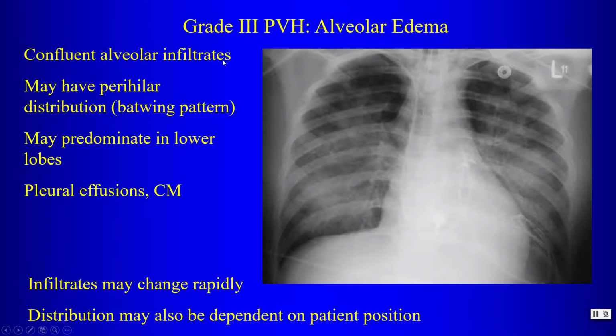With grade 3 pulmonary venous hypertension, now we get alveolar edema as the fluid spills out into the alveolar spaces. And we may see a perihilar distribution or a batwing pattern of consolidations. It may predominate in the lower lungs. You may have other clues directing you towards pulmonary edema, like pleural effusions and cardiomegaly.